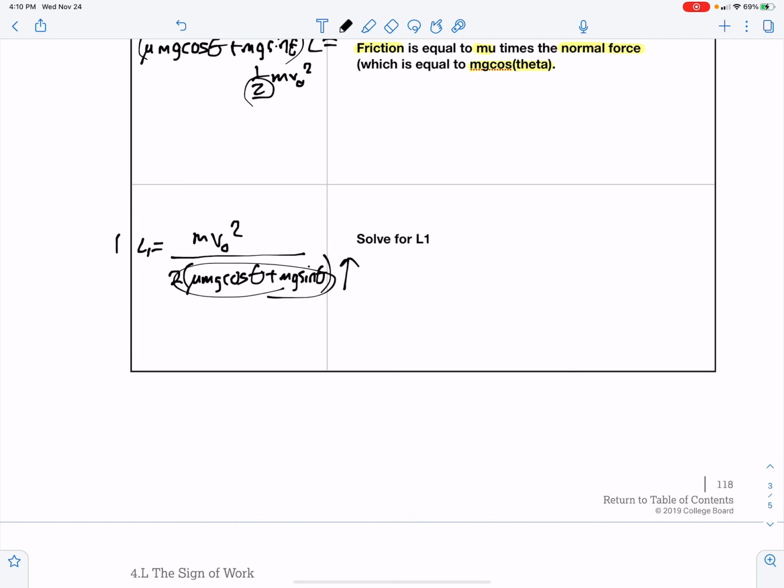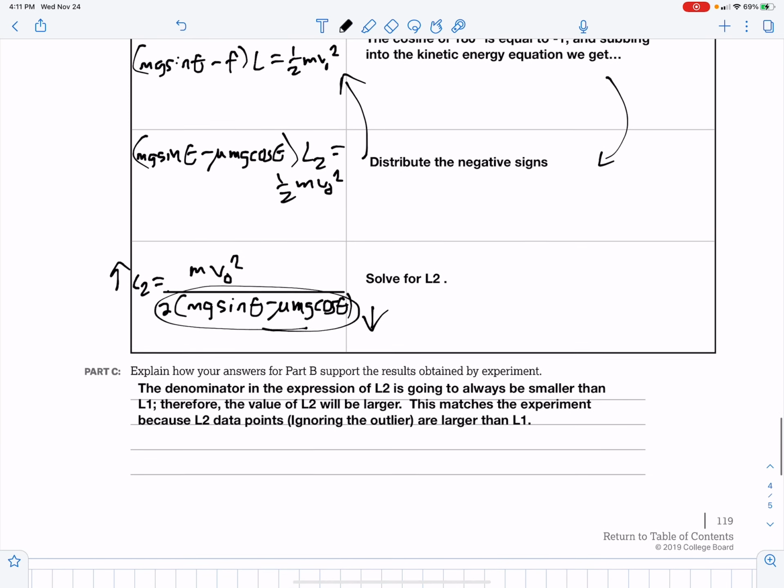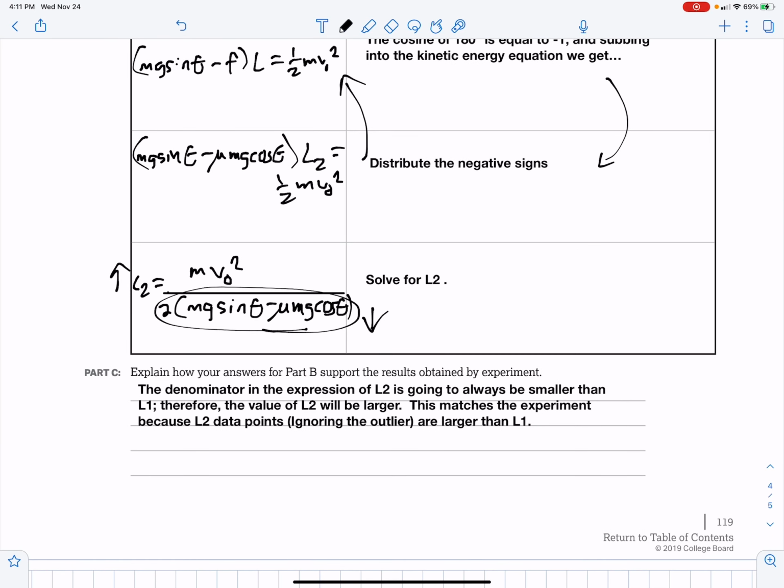Therefore, your value for L1 is going to be lower. So the denominator of L2 is always going to be smaller than that of L1, and therefore the value of L2 will be larger. This matches the experiment because the L2 data points, ignoring the step 3 outlier, are larger than those for L1.